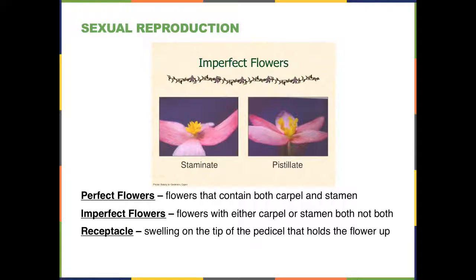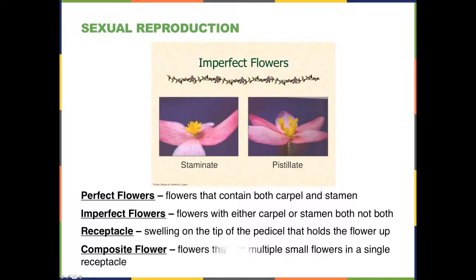And then below here is something called the receptacle. And the receptacle is the tip of the pedicle. You remember that this part down here that holds the flower is called the pedicle. Well, the tip of that is called the receptacle.